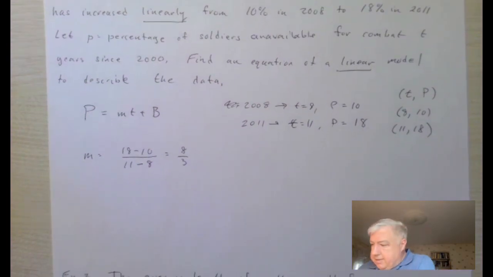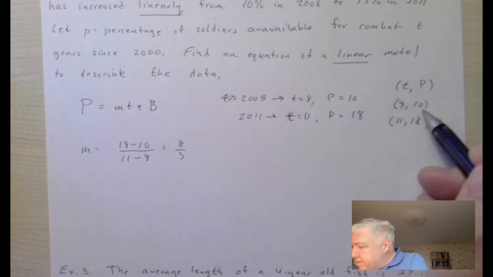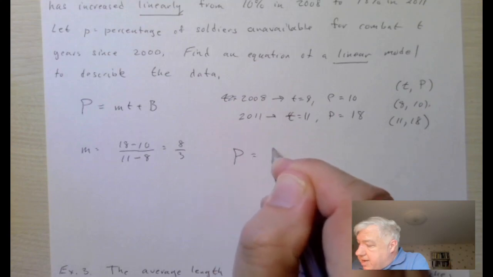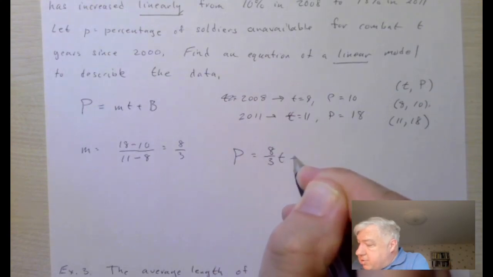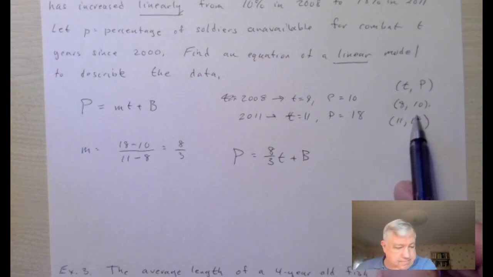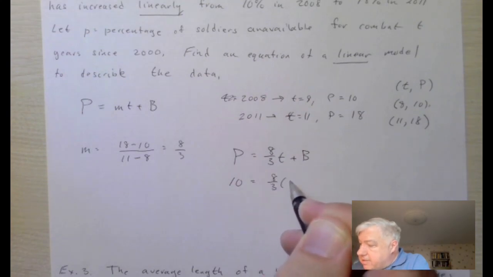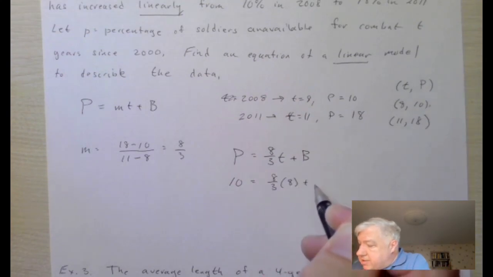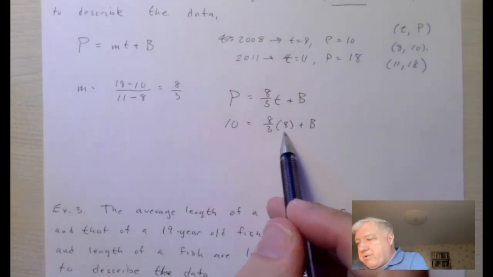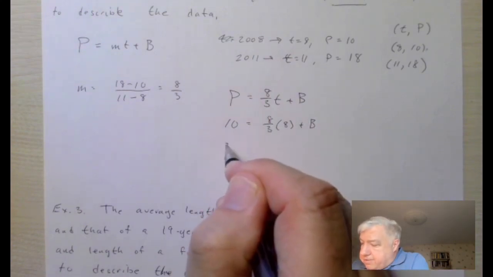Then we'll pick one of these points. I picked this first one here. So we know that P is 8/3 T plus B. When T is 8, P is 10. So 10 is equal to 8/3 times 8 plus B. If you want to work before you take out your calculator, this is 64/3 and this is 30/3.